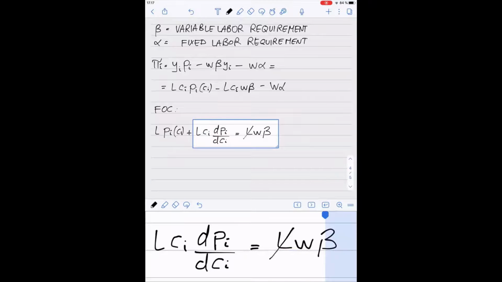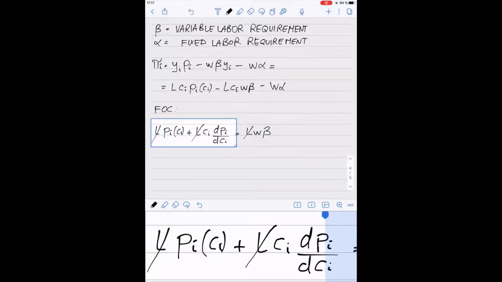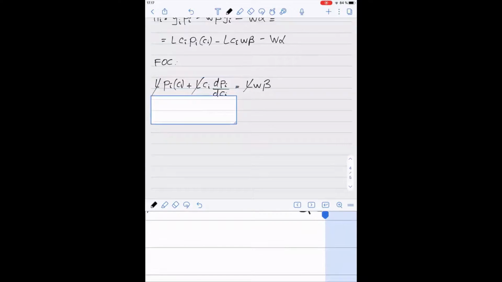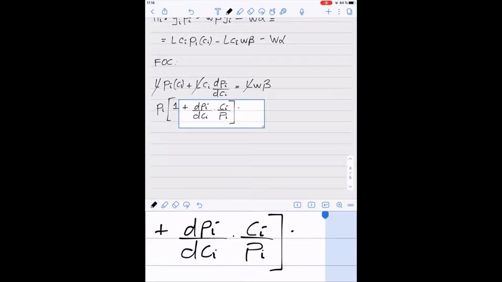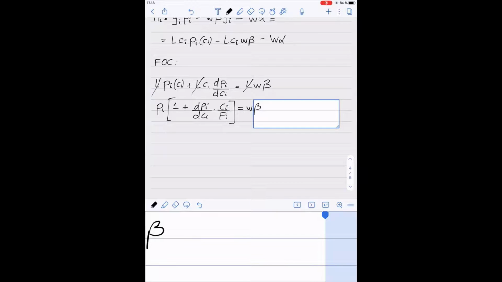See here the L disappears because it cancels out. And then what we can do is factor out the price out of the left-hand side. So what we have is that pi, I'm going to stop writing the argument Ci, pi multiplies 1 plus d pi over d Ci times Ci over pi, closing the square brackets, equals W beta. So what can we do now?